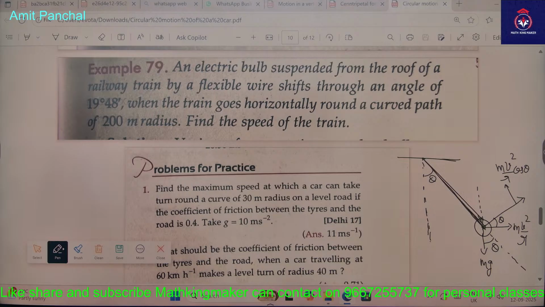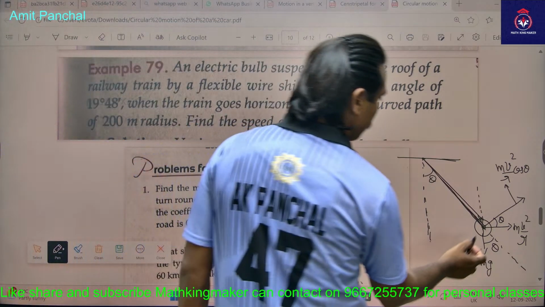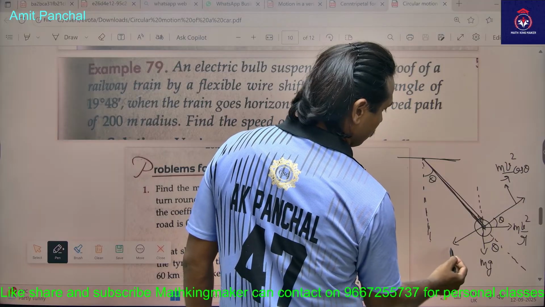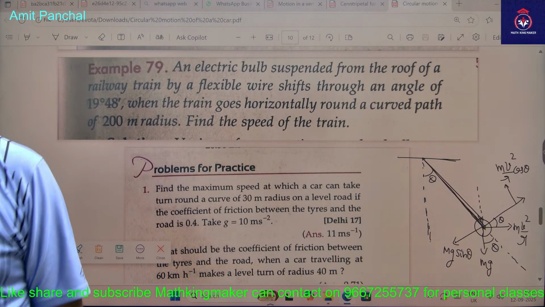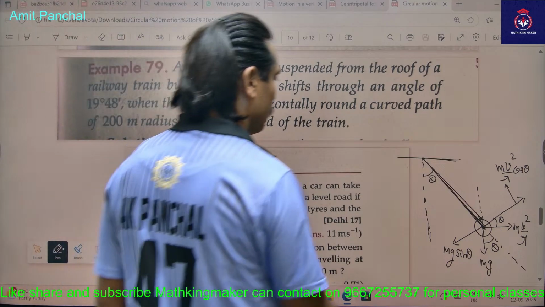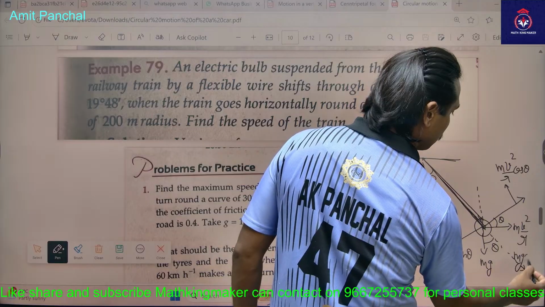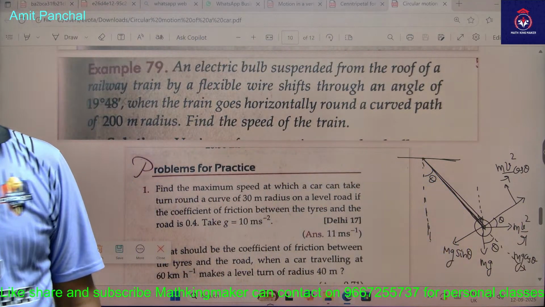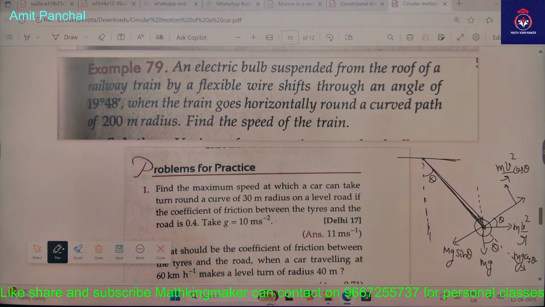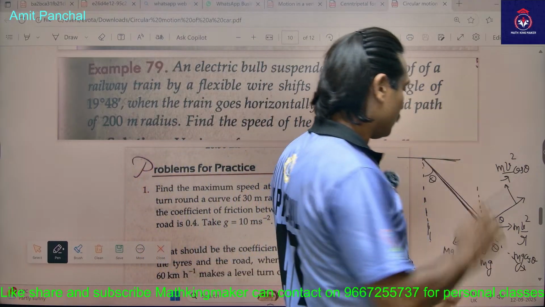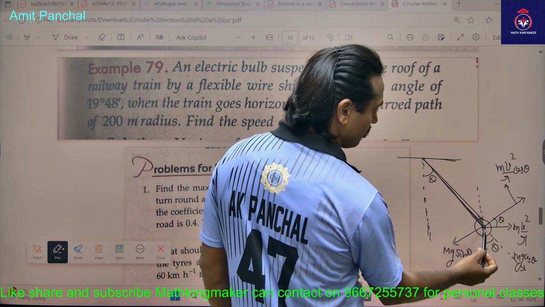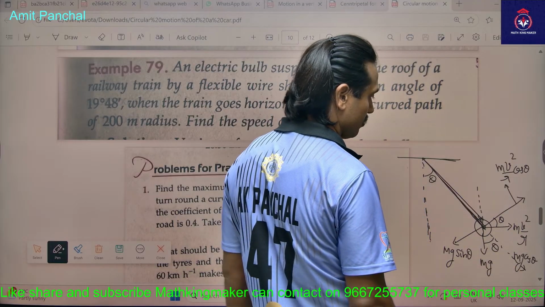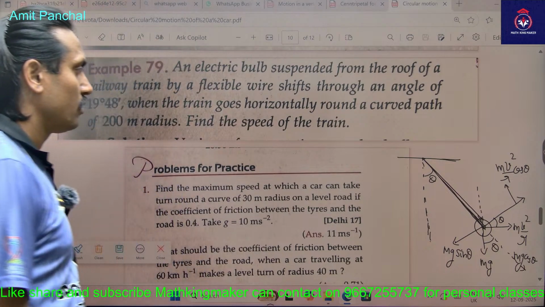Opposite to that will be mg sin theta. mg sin and mg cos will be at 90 degrees to each other, and mv square by r cos theta and mv square by r sin theta will also be at 90 degrees to each other.